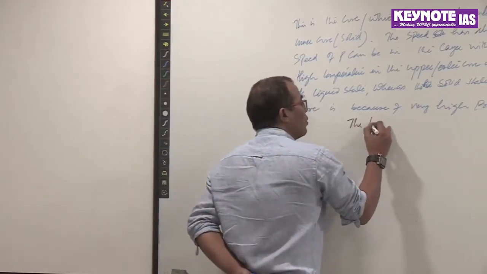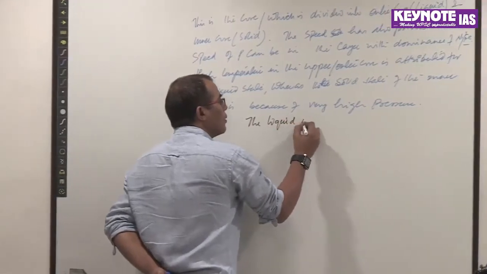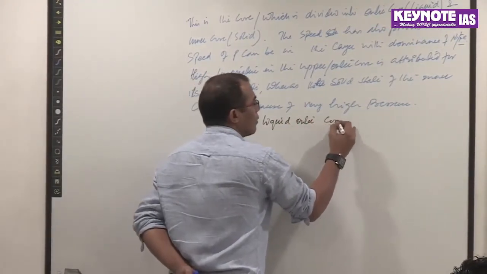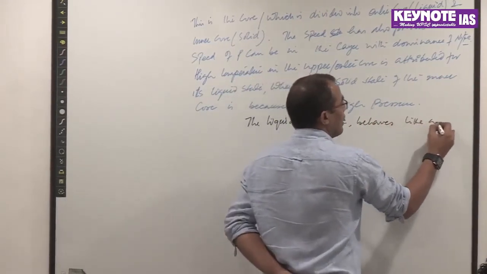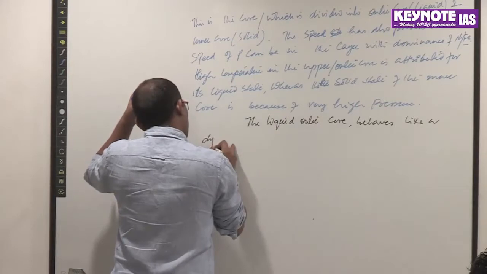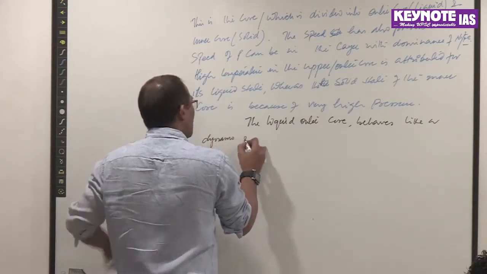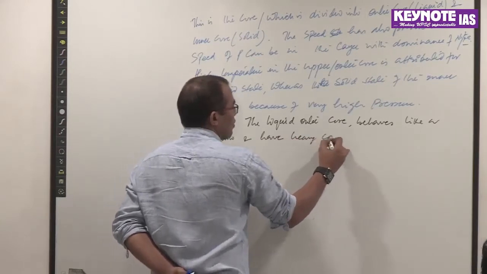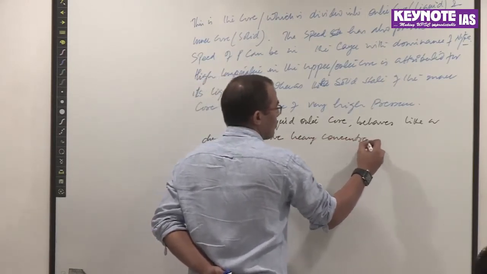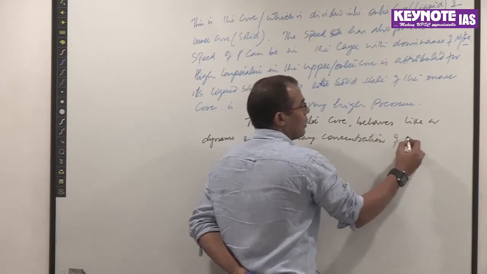The liquid outer core behaves like a dynamo and has a heavy concentration of iron.